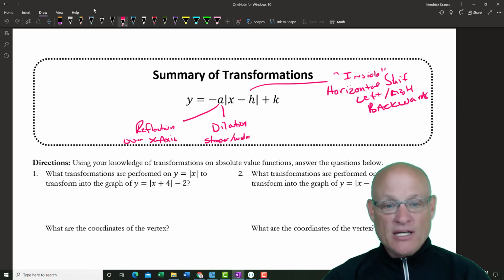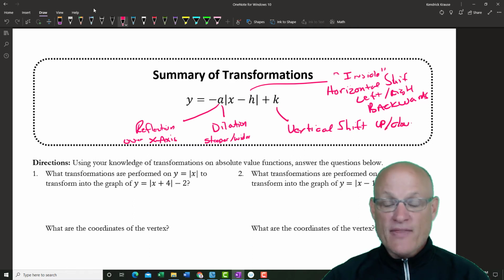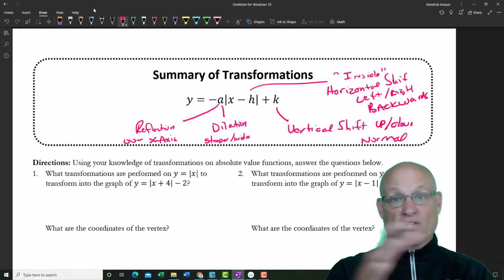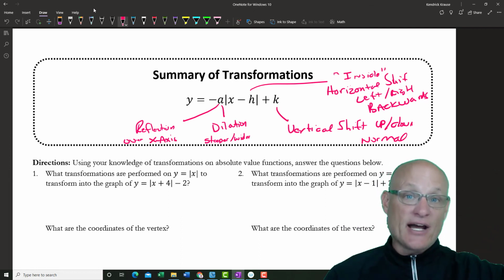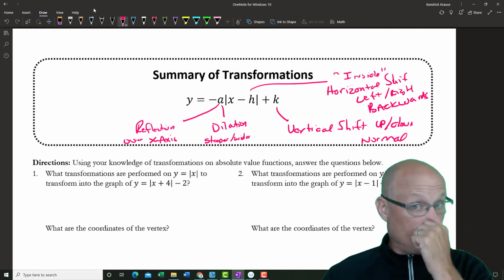It's backwards. And this is a vertical shift. In other words, shift up or down. And that's just normal. So when it's on the inside, it's going to move left or right, but backwards from what you did. If I add on the outside, it moves up or down, normal from what you think.